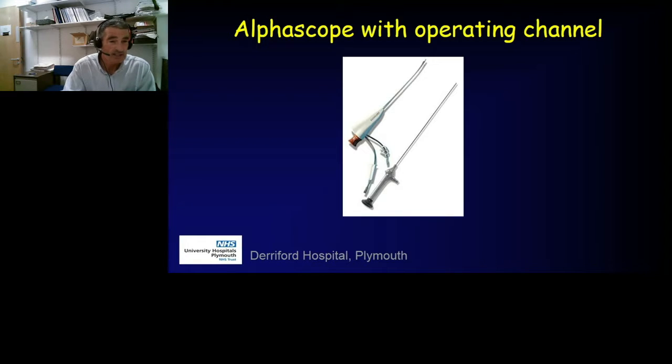The reason I use this is it's only about a 2mm scope. It's very narrow, and our initial hysteroscopy gives us a good view of the uterine cavity without any dilation. You don't get any fluid leaking, and you get good distension of the uterus to inject the local anaesthetic under direct vision, and that does work well.